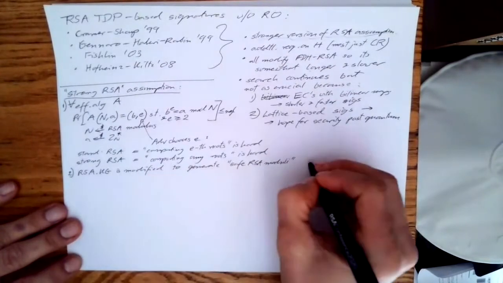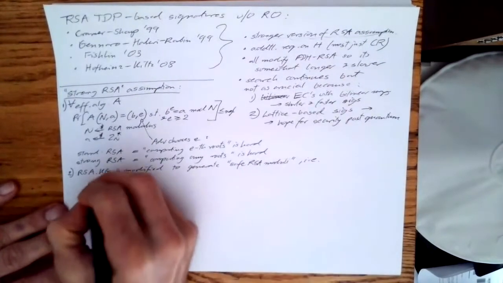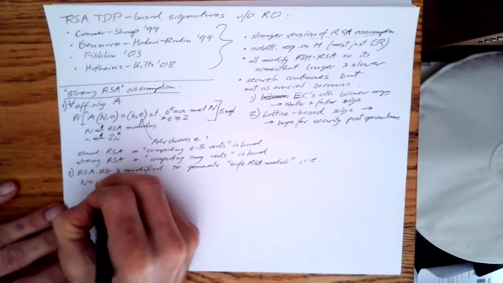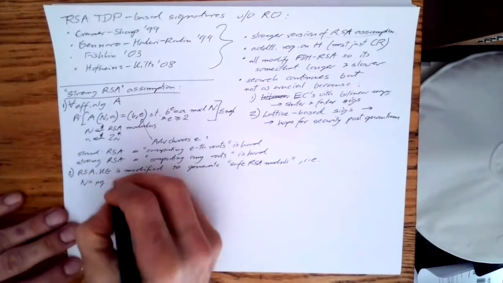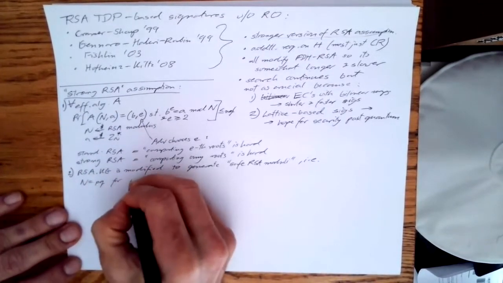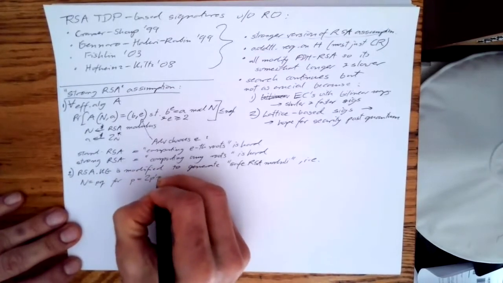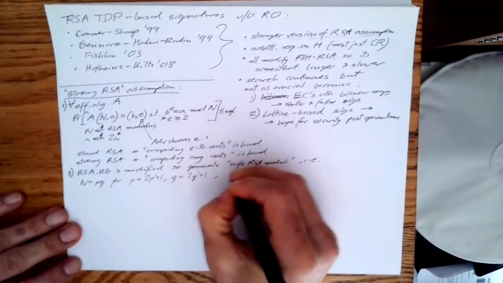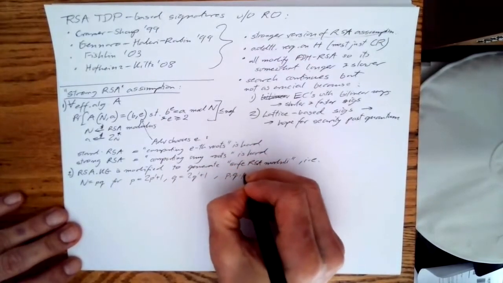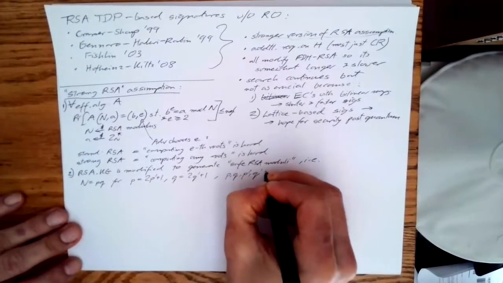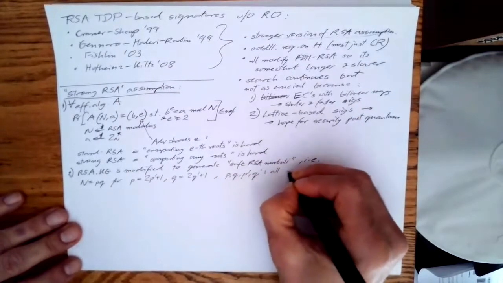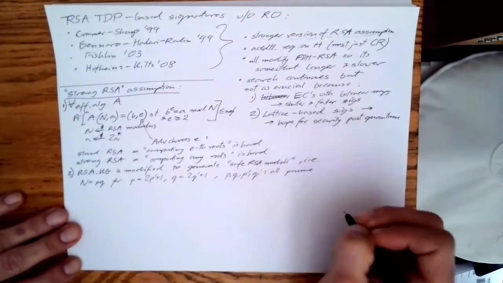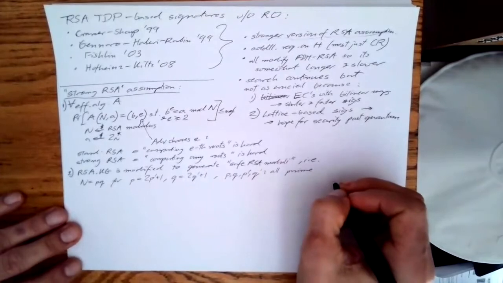And safe RSA means that N is PQ for P, which is 2P prime plus 1, Q is 2Q prime plus 1, and P, Q, P prime, Q prime are all prime.